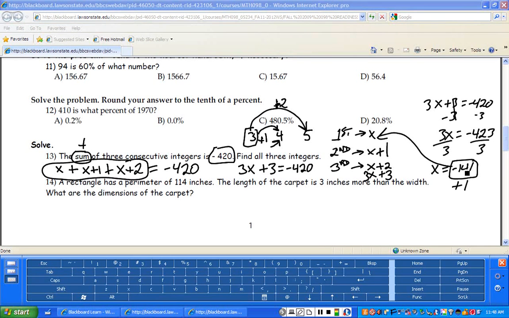So your second number would be negative 140. And your third number, which is x plus 2, would be negative 141 plus 2, which gives you negative 139.